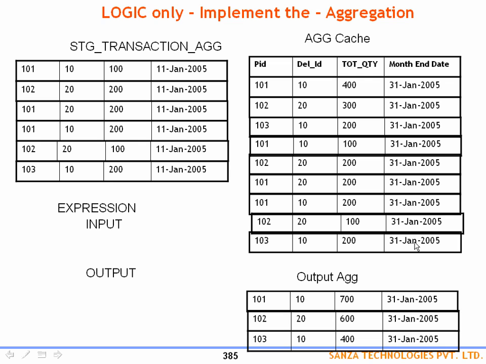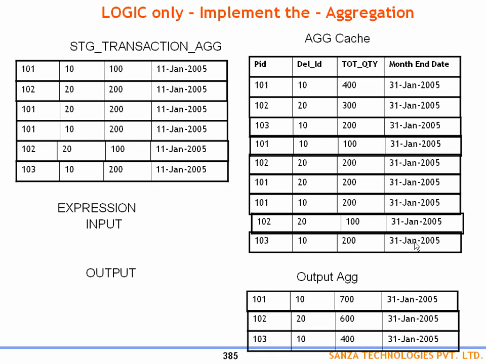Then this will be the output, which will be updated in your fact product daily aggregate, and this cumulative data will be stored in the Informatica server.